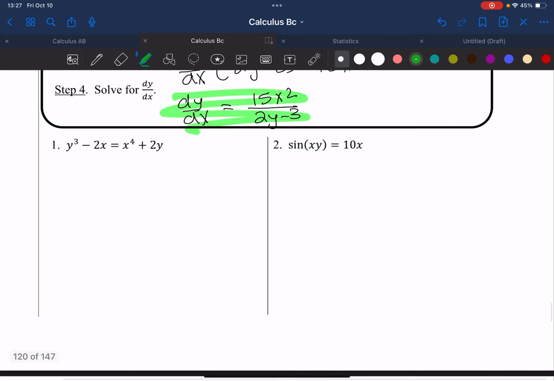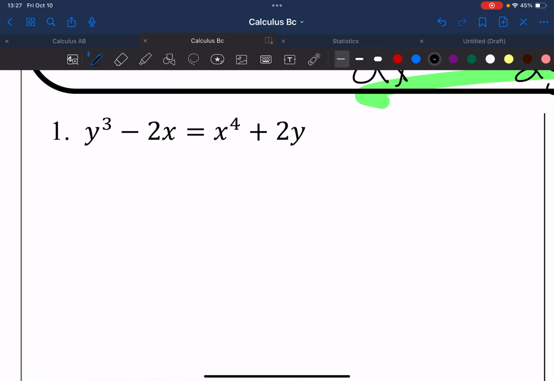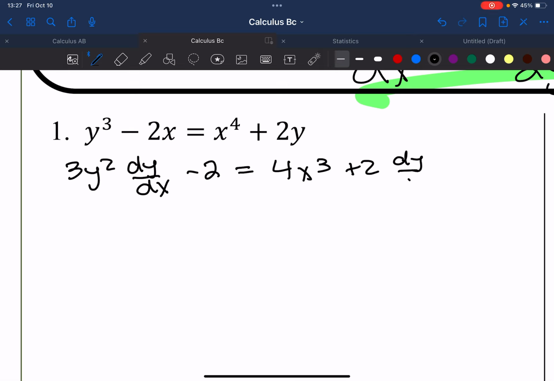Now let's look at some examples. So we have 3y squared dy/dx minus 2 is equal to 4x cubed plus 2 dy/dx. Well, I want all my dy/dx's on the same side.